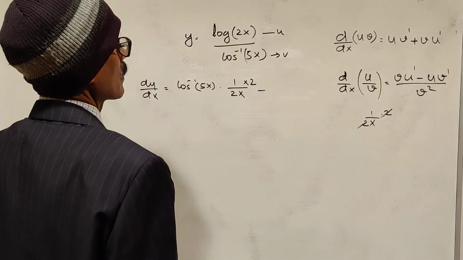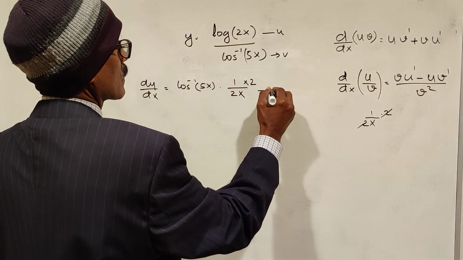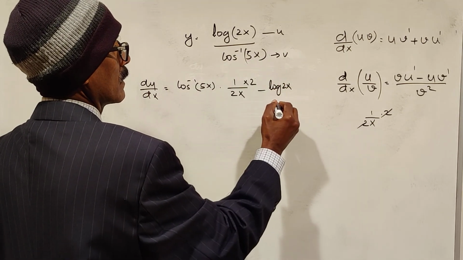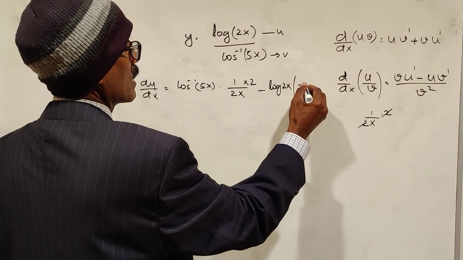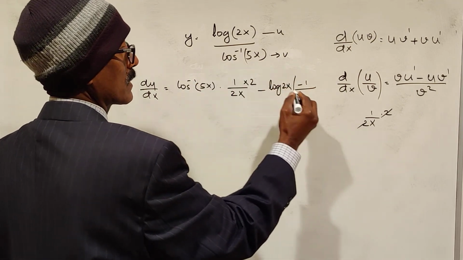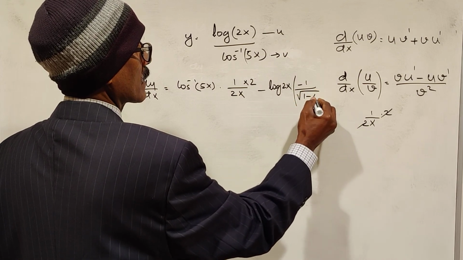Minus u into, u is log 2x, log 2x into derivative of cos inverse x. What is that? Minus 1 by square root of 1 minus x square.